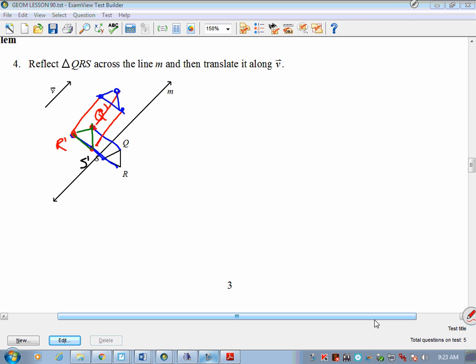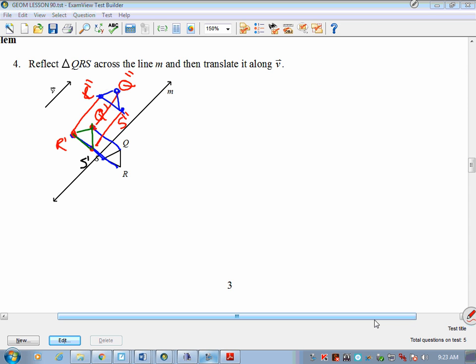Okay, we would get S double prime, R double prime, Q double prime is my final location. So reflect and then translate. This is what is called a glide reflection.